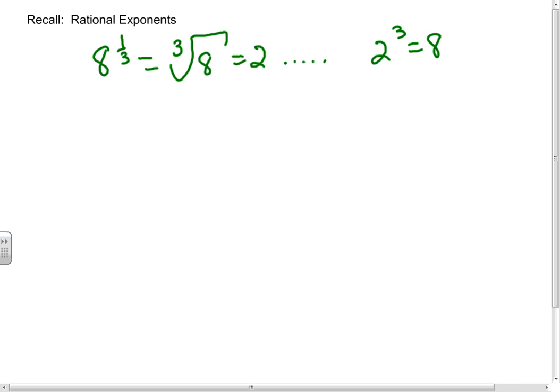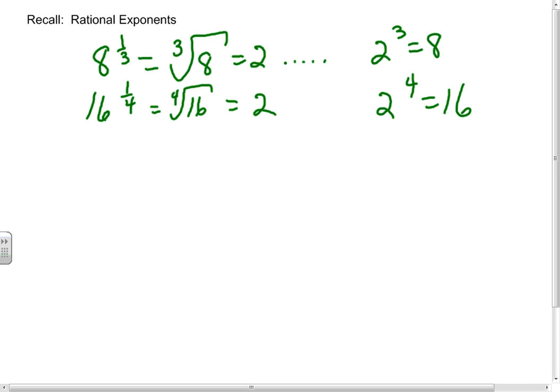Just to quickly go over a few rational exponent rules from your memory banks. 8 to the 1/3, which could be written as the cube root of 8, is 2, because 2 cubed is 8. So it's going the other direction. 16 to the 1/4, which could be written as the 4th root of 16, is 2, because 2 to the 4th is 16. So we're going in the opposite direction, if that will help you keep some of these straight.